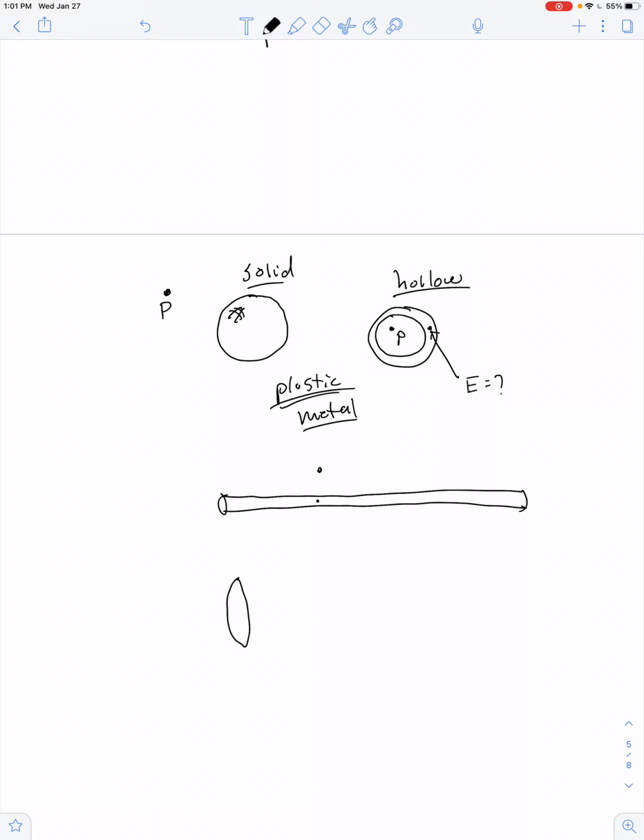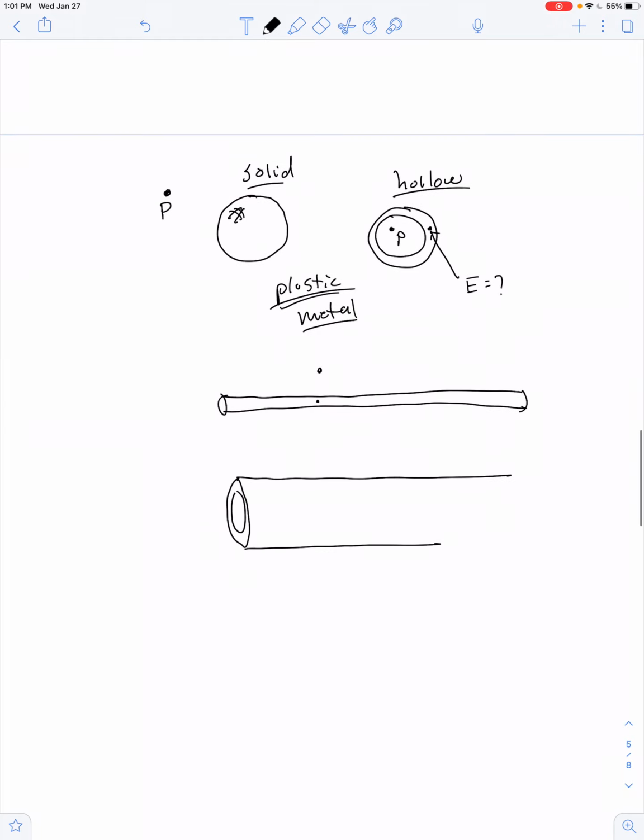And we could probably even use Gauss's law for a hollowed out, charged cylindrical shape. We can use Gauss's law to figure out what the electric field would be near a large sheet of charge.